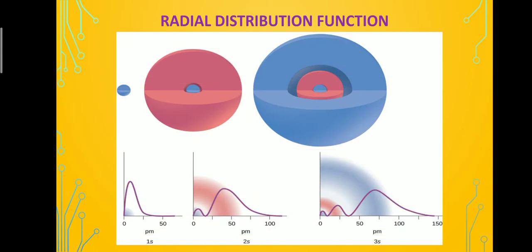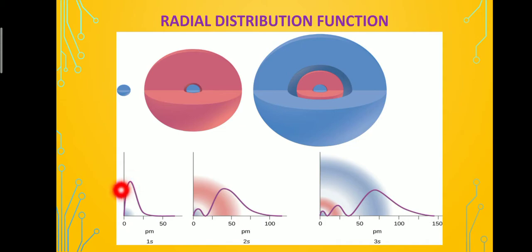So this is for the s orbital. A graph plot of 4 pi r square R(r) square versus r is given here, and the first graph is for the 1s orbital.